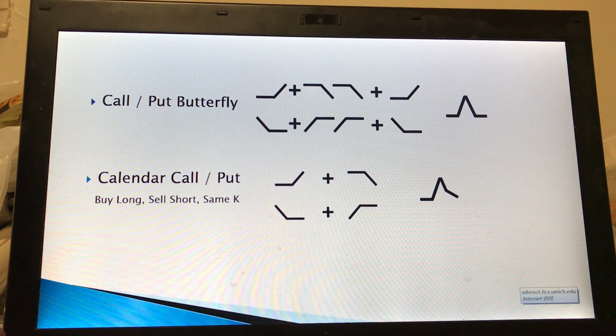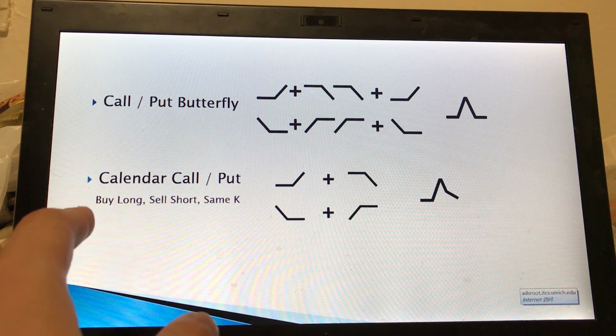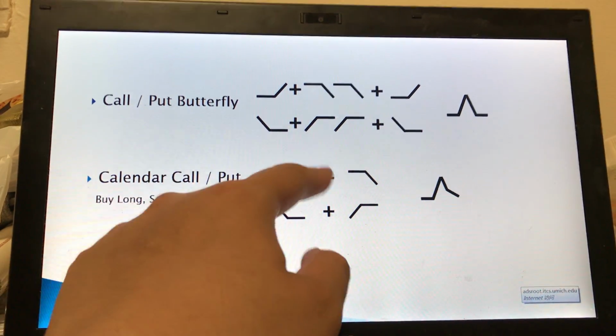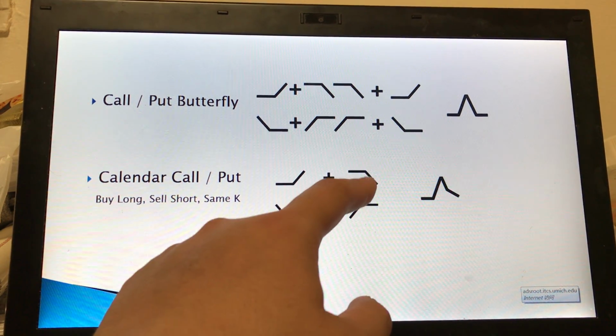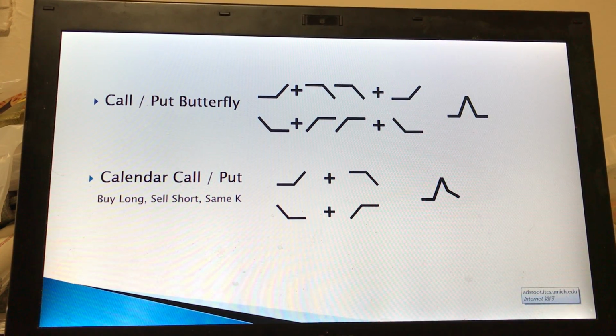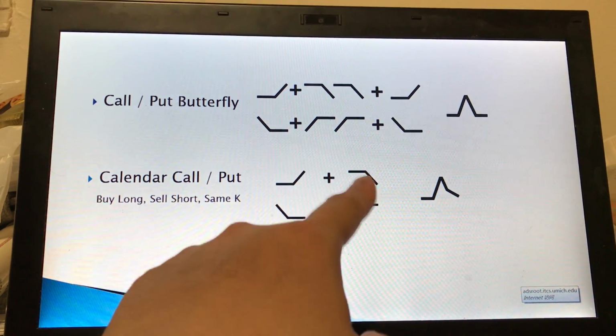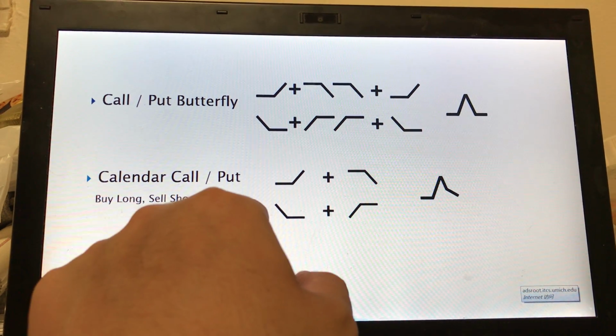The calendar call and put consist of buying a long-term put or call, and selling a short-term put or call at the same strike price. By doing this, you expect that at the expiration of your short-term call and put, the stock price expires at this same strike price.